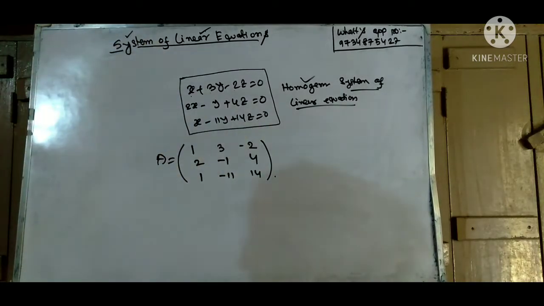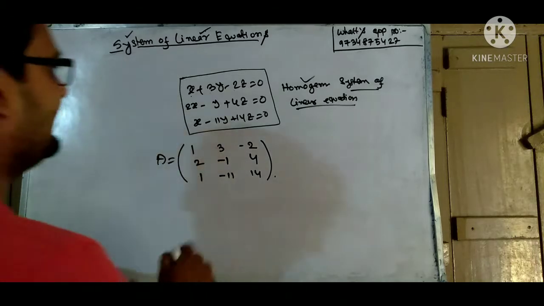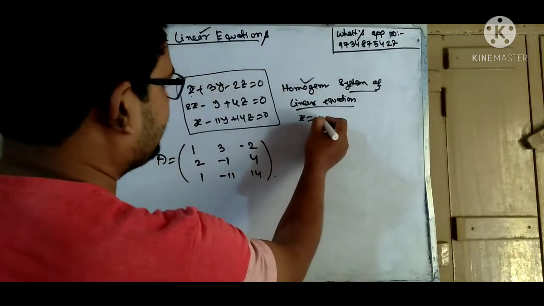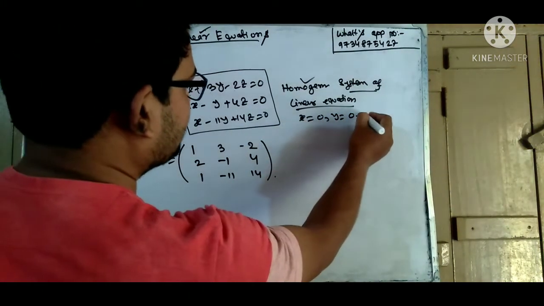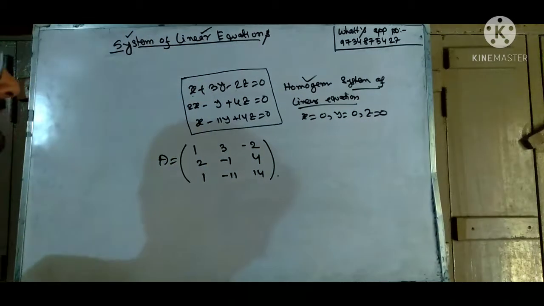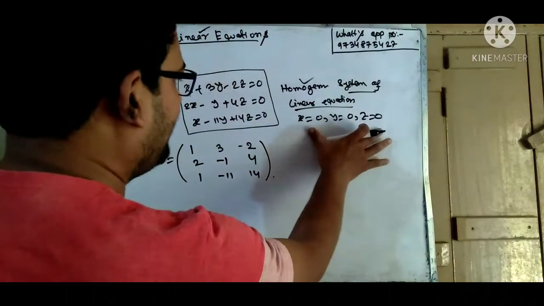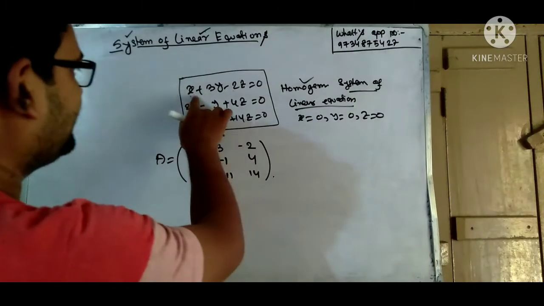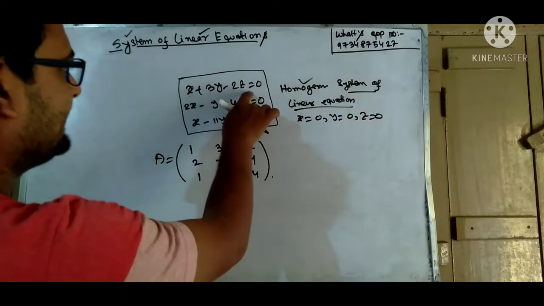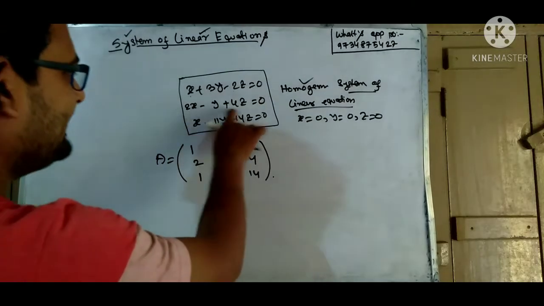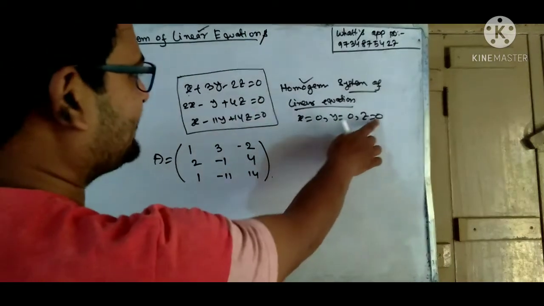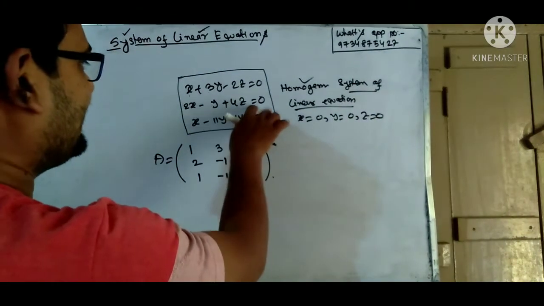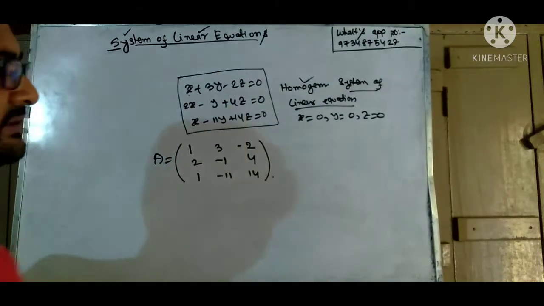So, if we take x equals 0, y equals 0, z equals 0, then these values together satisfy all three equations. If we put x equals 0, y equals 0, z equals 0, the first equation is satisfied. Similarly, this will satisfy the second equation as well as the third equation.